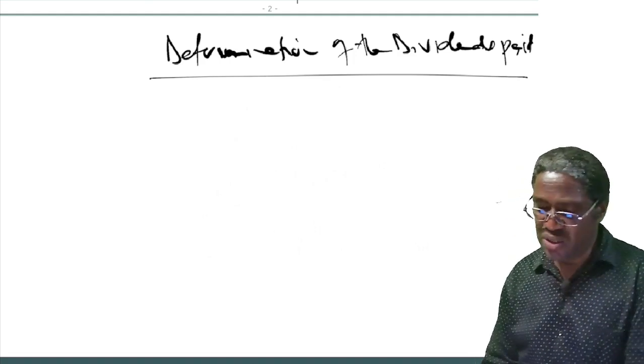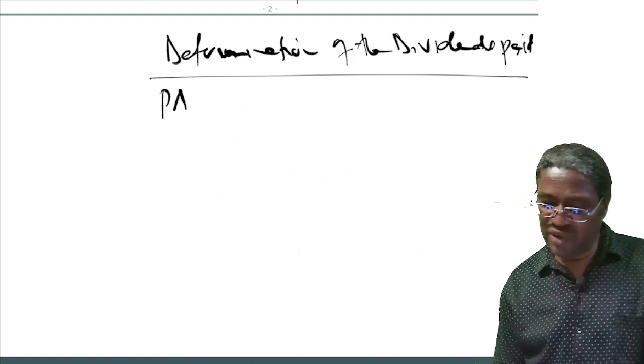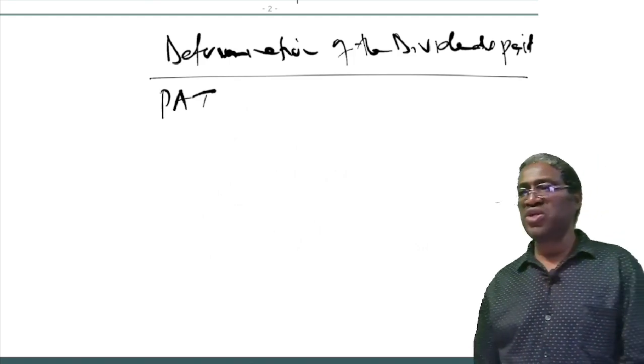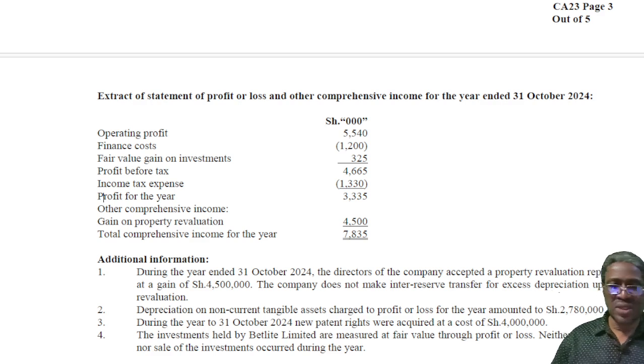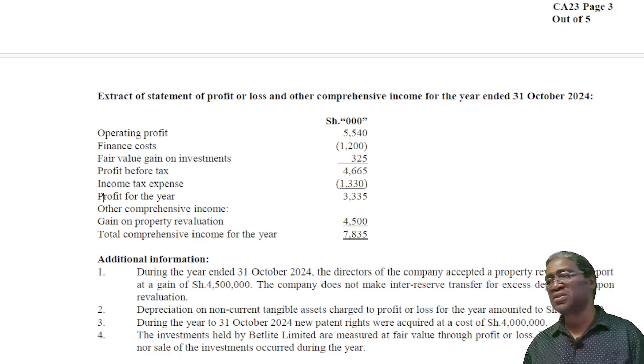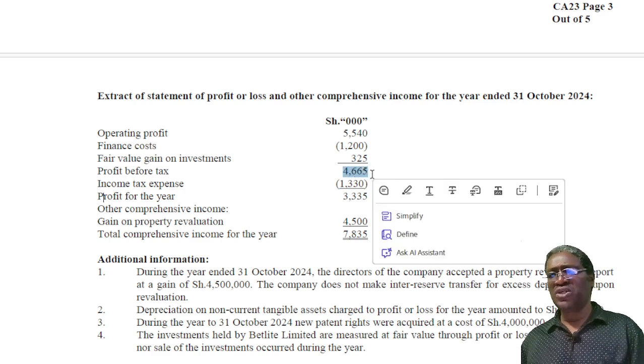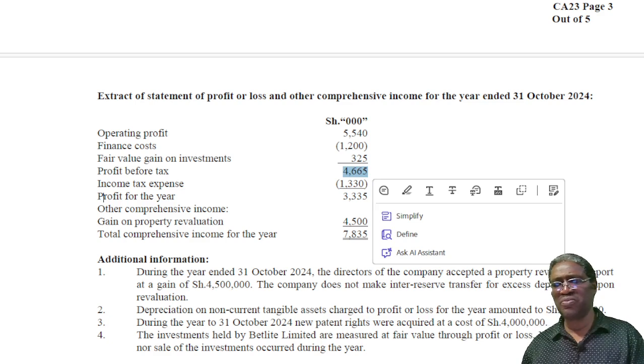Let's work backwards. We say profit after tax. Let's go to the income statement and pick it. From this income statement, we have been given the profit for the year, which is profit after tax, 46.65. Good. Pick it.